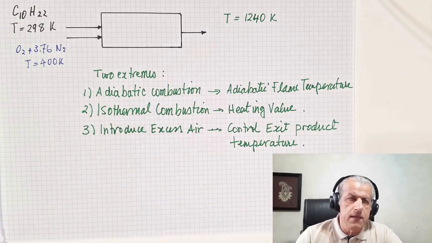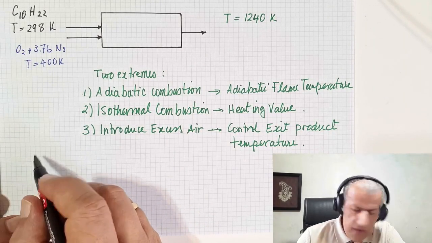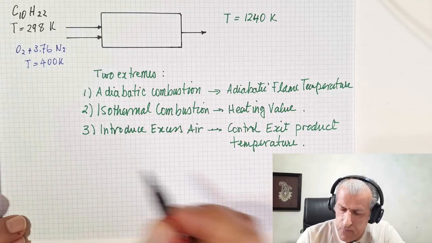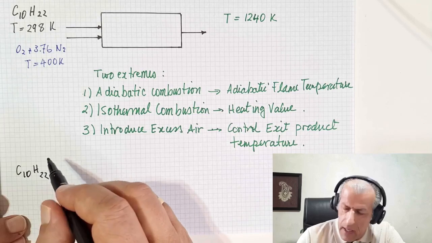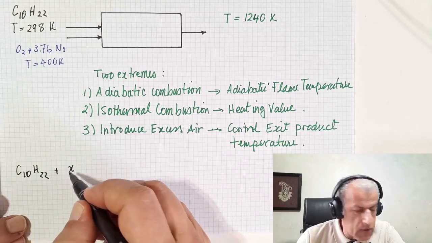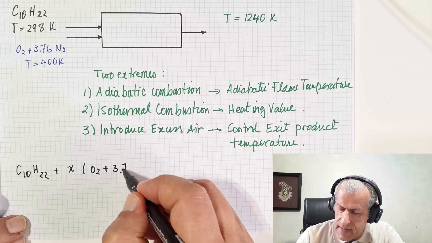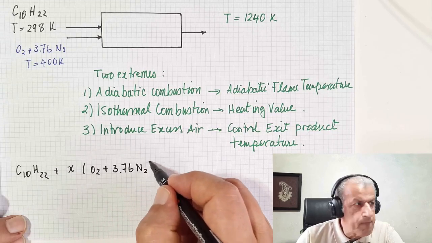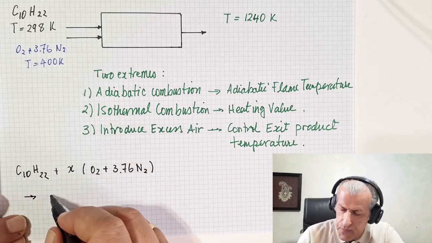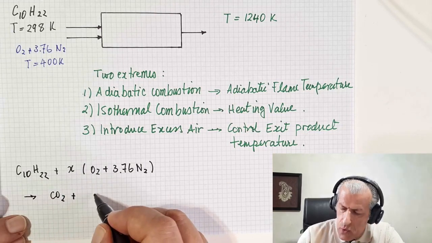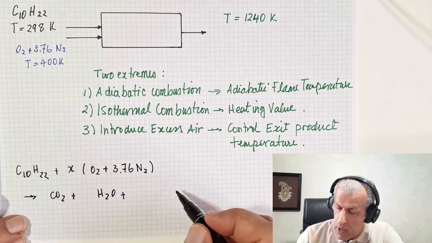Now let's balance the combustion equation. For C10H22, what we have would be C10H22 plus, we don't know how much air we need, so X times (O2 plus 3.76 N2), and that produces CO2 plus H2O plus, we don't know how much, O2.